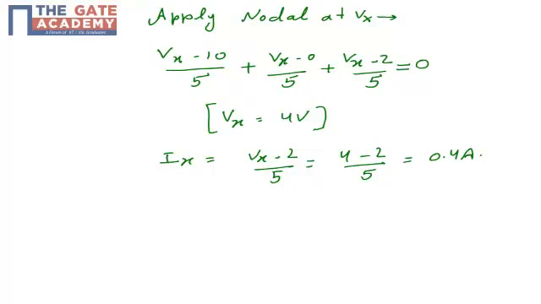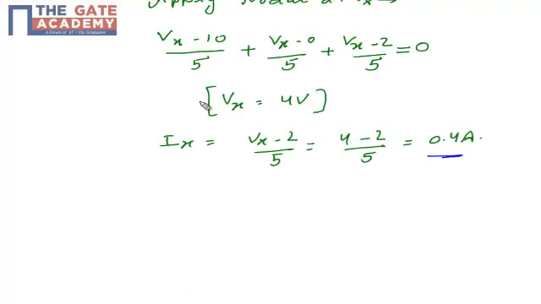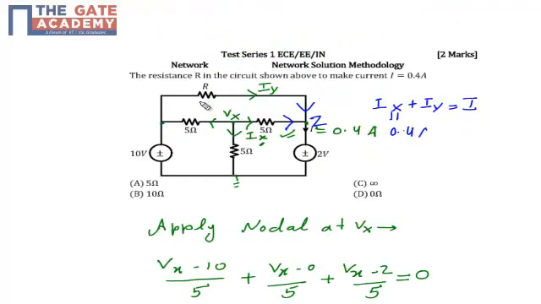Now let's apply KCL at this other node. Name this node as Z, just for the sake of difference. If I apply KCL at node Z, my incoming currents are Ix and Iy, and my outgoing current is I. So Ix plus Iy is equal to I. Ix I have just calculated, which is 0.4 ampere.